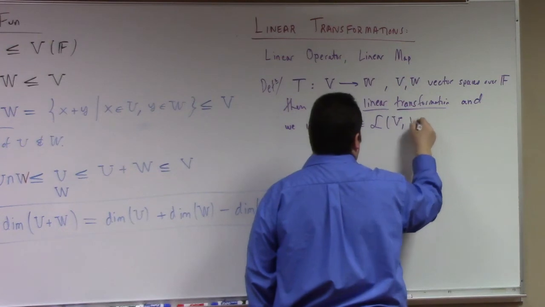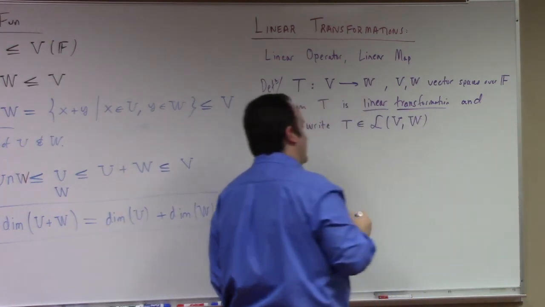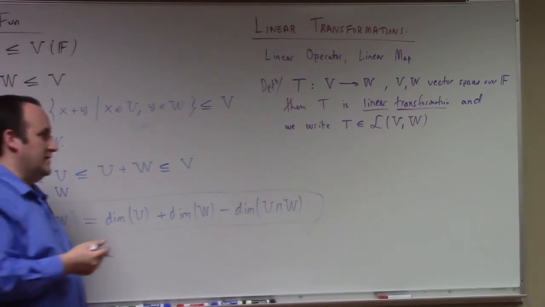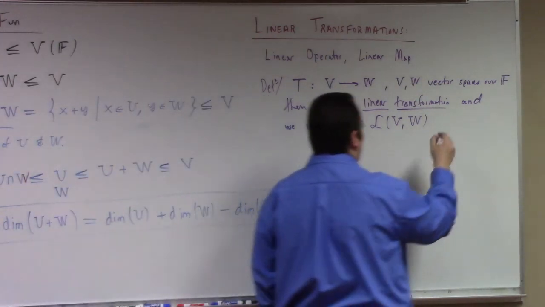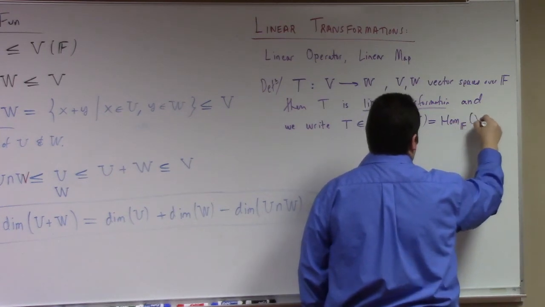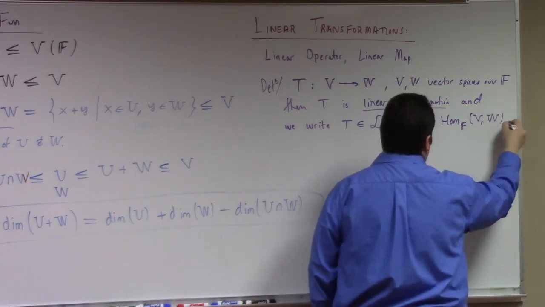So the set of all linear transformations is script L(V,W). There are other notations for this. Sometimes people will call this Hom sub F(V,W), another popular notation for this thing.